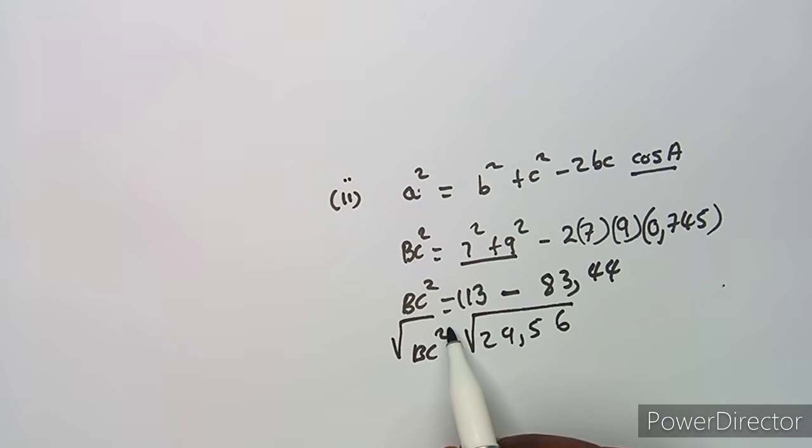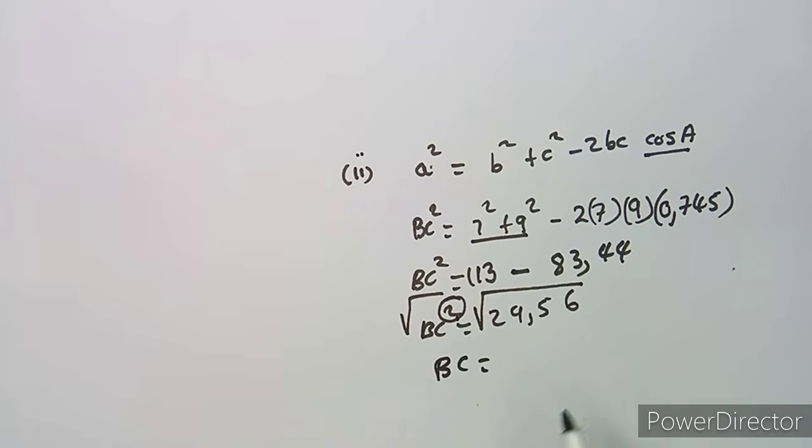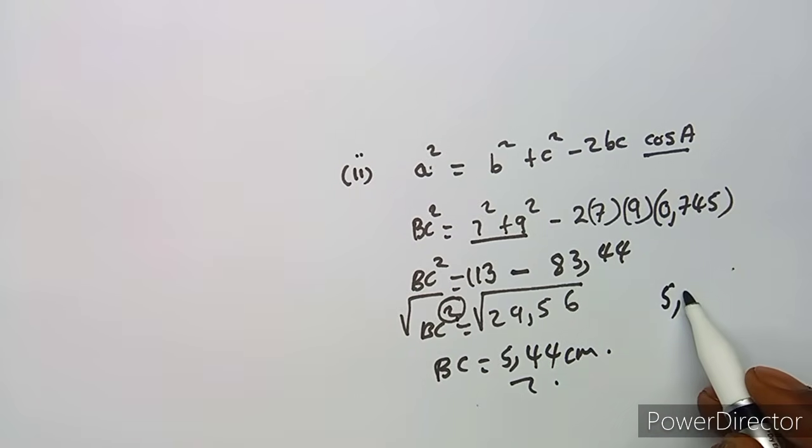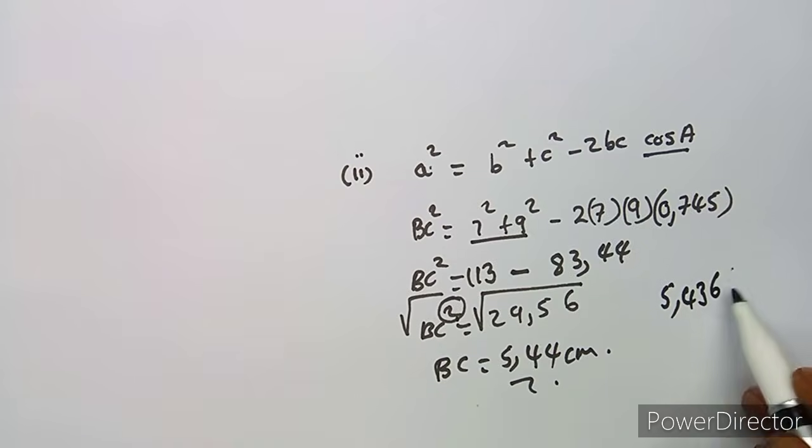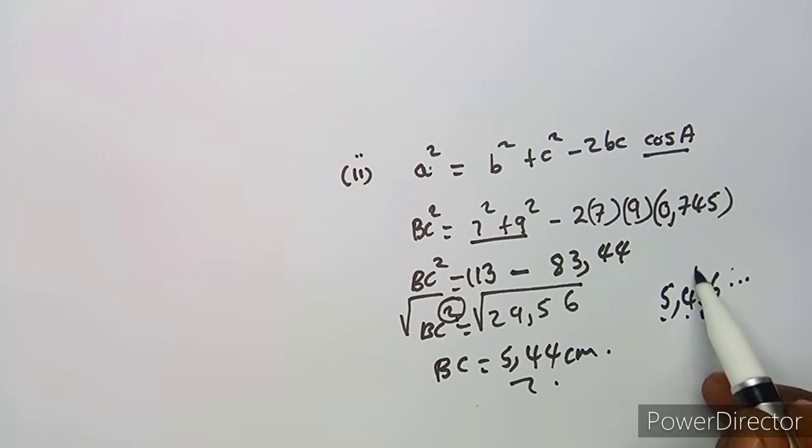Then the square root to remove the squared on BC. So BC is equal to the square root of the answer that we have, which is 5.4369, something like that, which is going to be 5.44 if you round off to 3 significant figures, because it's 5.436, something like that. So 1 2 3, the 6 changes this into 4, so that's what you're going to have.